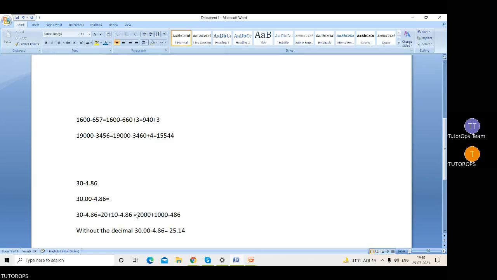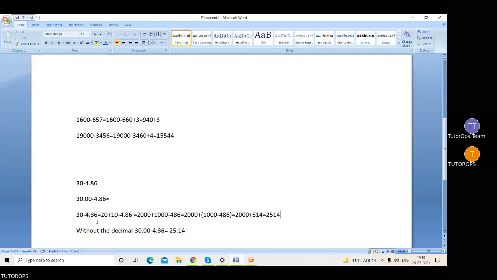So the latter part, without 2000, will be 1000 minus 486. So 1000 minus 486 will just follow the method of subtraction from base and give us 514. Okay, so it is a bit easier way.